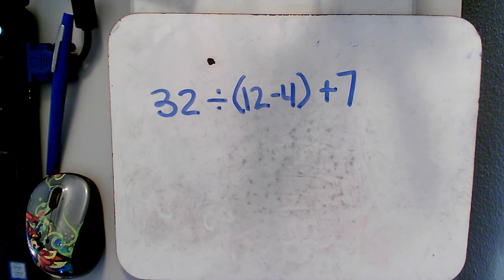All right, as soon as you've got it written, start working through it. The 12 minus 4 is supposed to be in parentheses. Look at the way it's written. Remember the last example, when we took out the parentheses to see how different it would be?